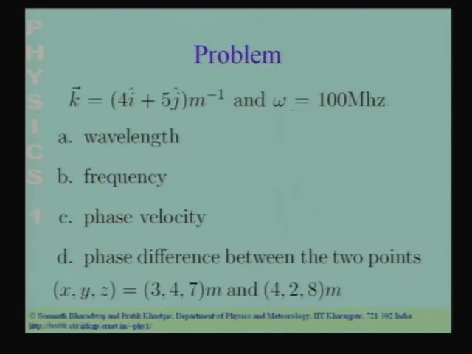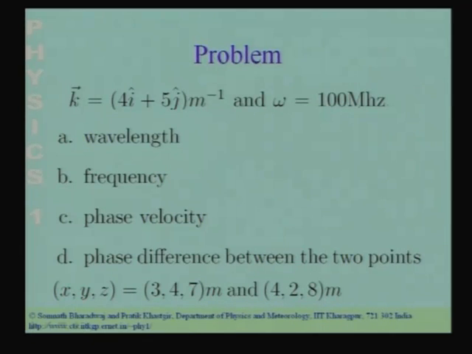Remember that we could have written radians per second, 10 to the power 6 per second. So there could have been a radians here, but we are not mentioning it explicitly. So omega has a value 100 megahertz. Okay. So the first question that we are going to ask is, what is the wavelength of this wave?